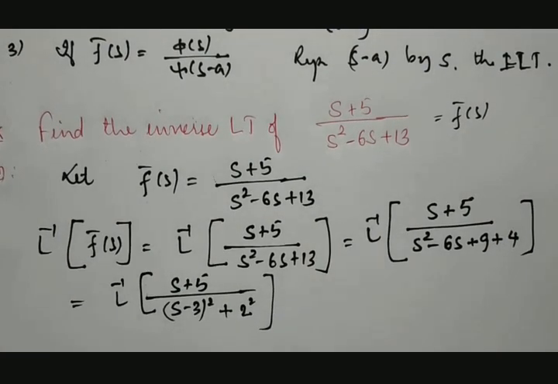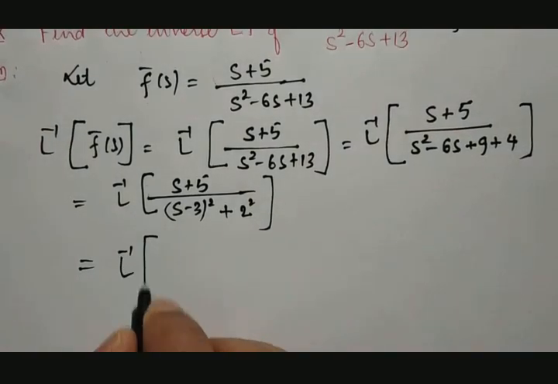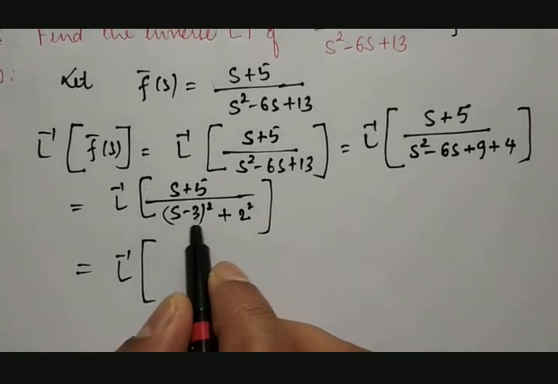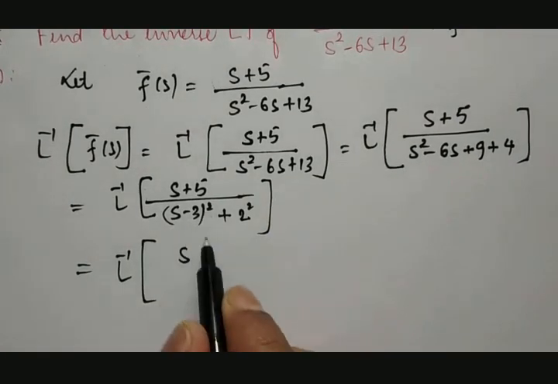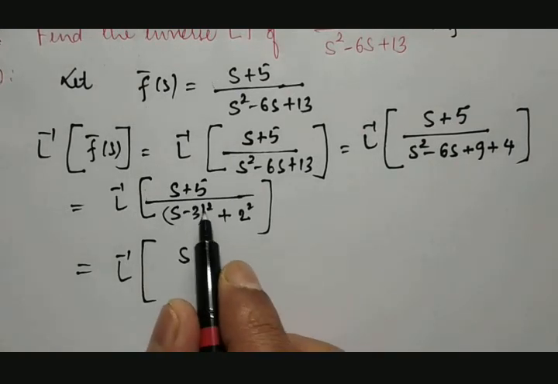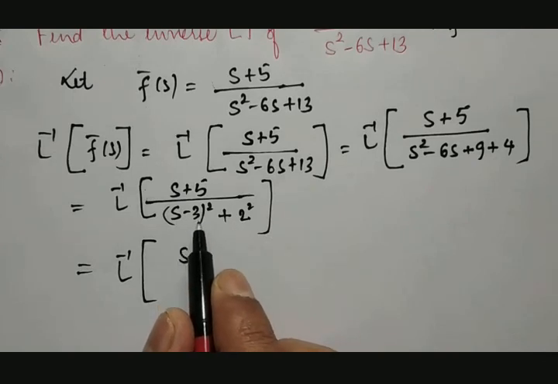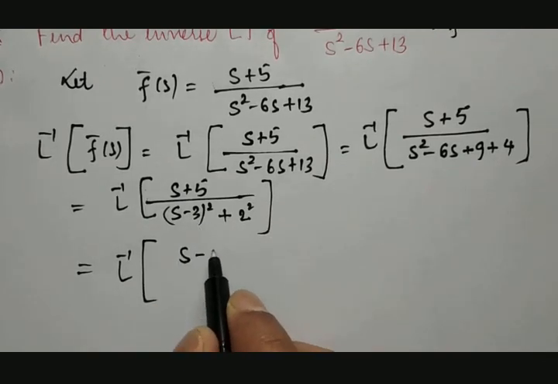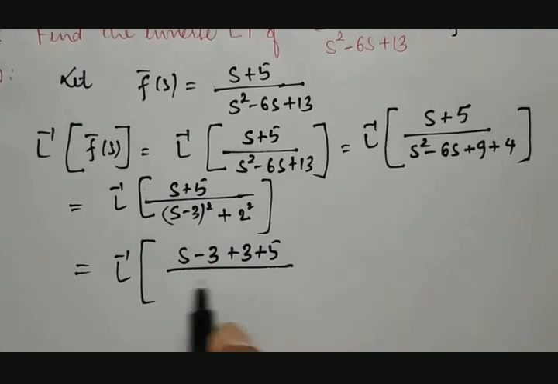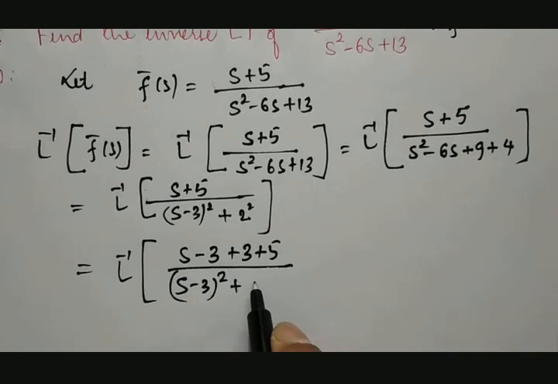Therefore, this is equal to Laplace inverse of, here it is s minus 3. So I'll split this 5 into something like 3 plus whatever it is. Then I need s minus 3, so I'll be adding and subtracting 3, divided by s minus 3 the whole square plus 2 square.